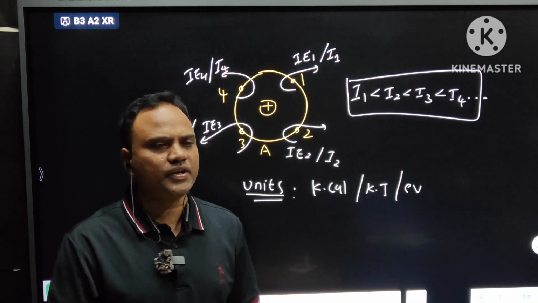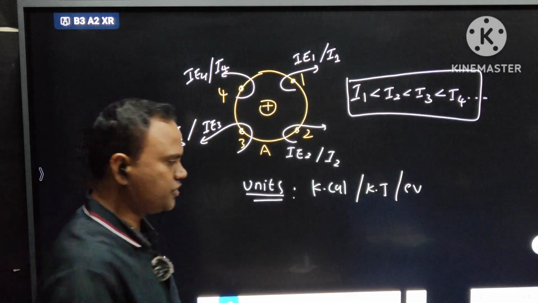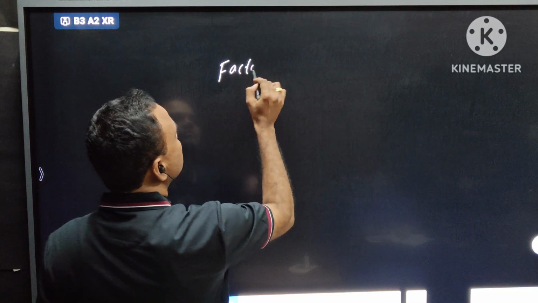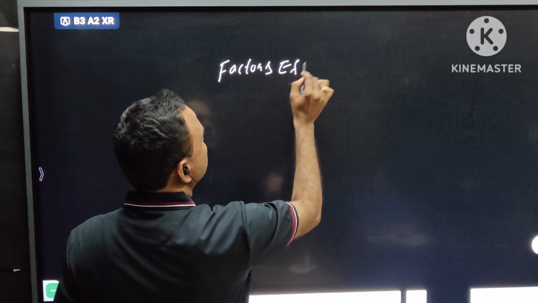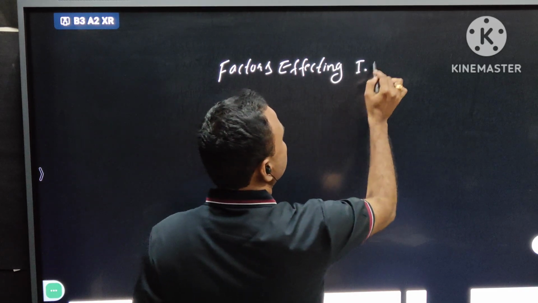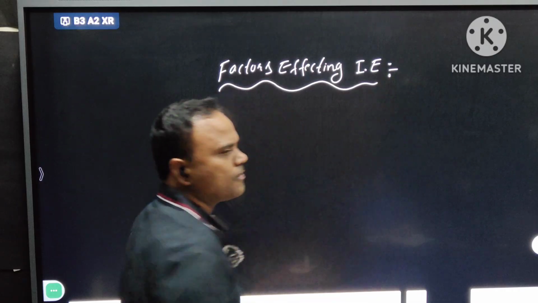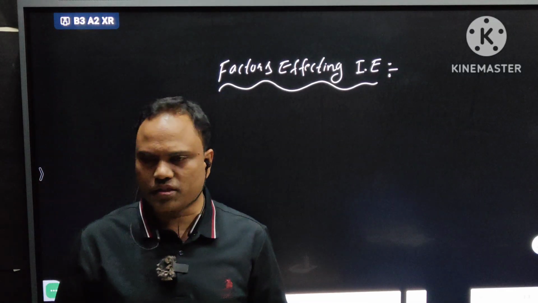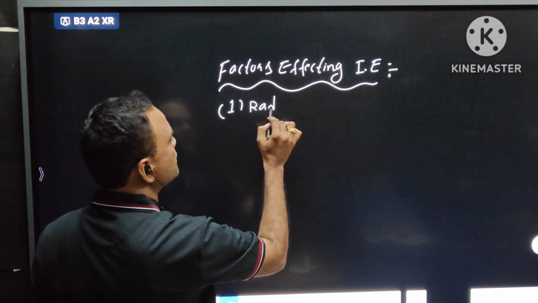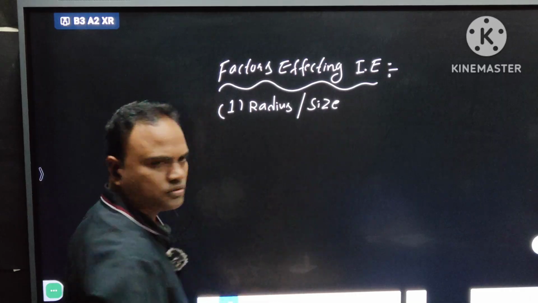Let us see the factors affecting ionization energy, very, very important. First one is radius, also called size.